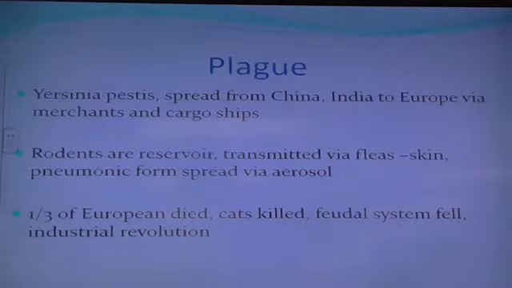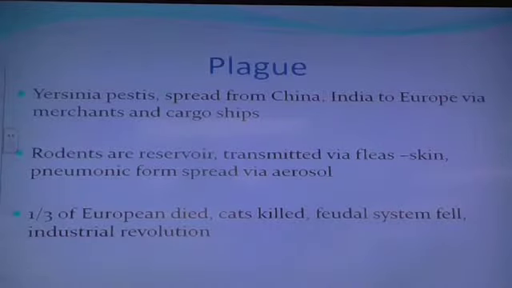First of all, plague is caused by Yersinia pestis. And as we mentioned last time, it initially spread from China and India, or the Far East, to Europe via merchants and cargo ships and the spice routes, okay?